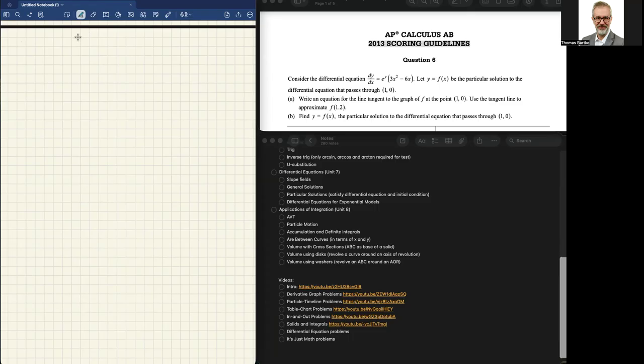This is also called separable differential equations, because you also have situations where you can't do that, but luckily that's not part of AP Calculus AB.